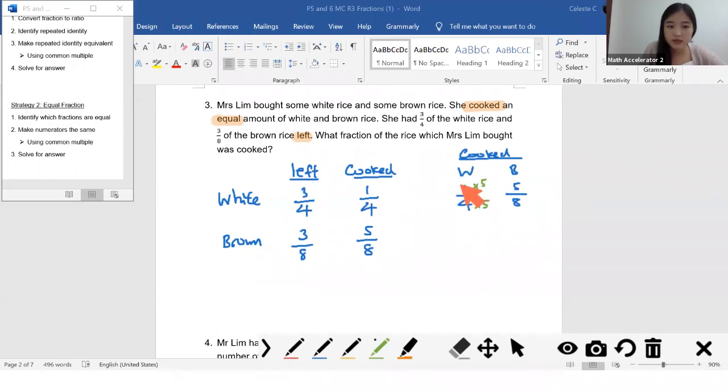Yes, this one. 1 times 5. Right, so rewrite it. You will get your 5 out of 20 and 5 out of 8. So now your numerators are the same. This 20 belongs to the white and the 8 belongs to the brown.